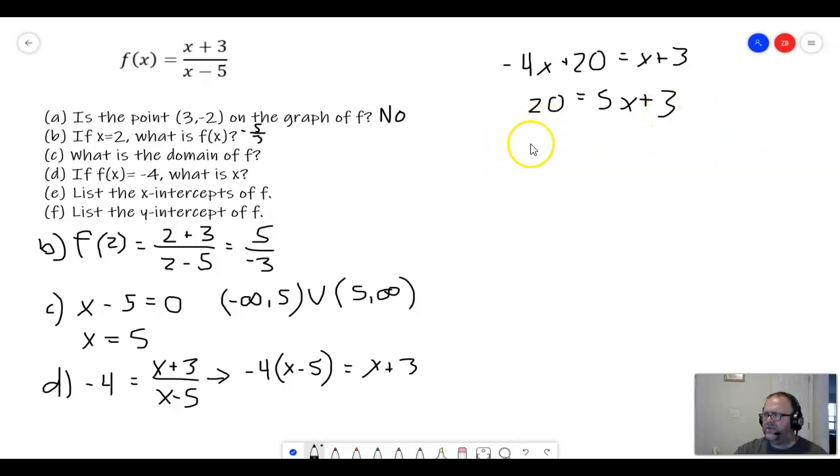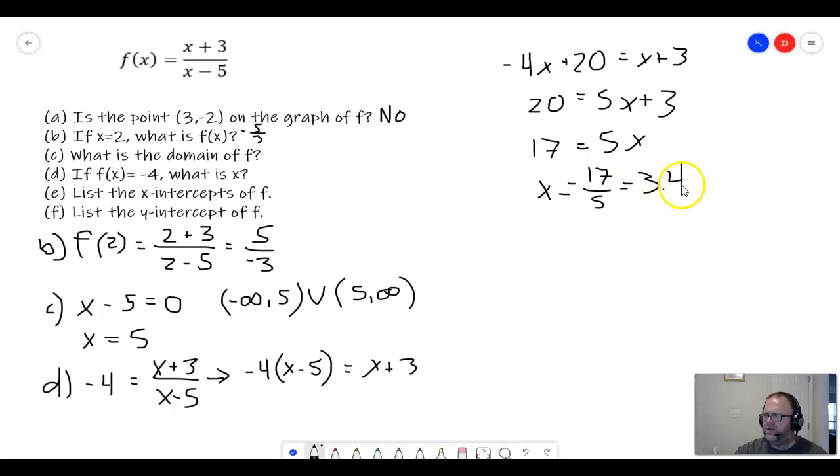I can subtract 3 from both sides now, so that's going to be 17 is equal to 5x. And finally, divide both sides by 5 and flip it around. x is equal to 17 over 5, which is equal to 3.4.